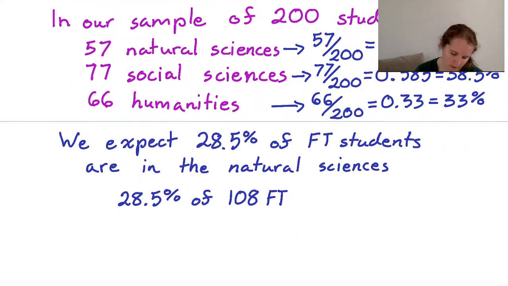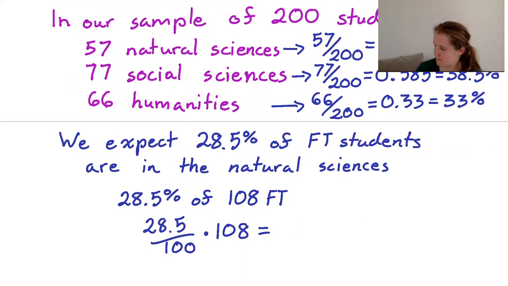You can either do 0.285, or we can do 28.5 out of 100, that's percent, times 108. If we do this calculation, we wind up getting 30.78. So we expect to have 30.78 students in the natural sciences and full-time.